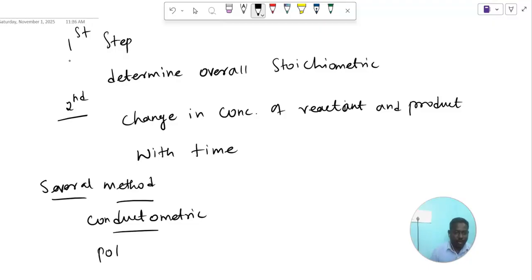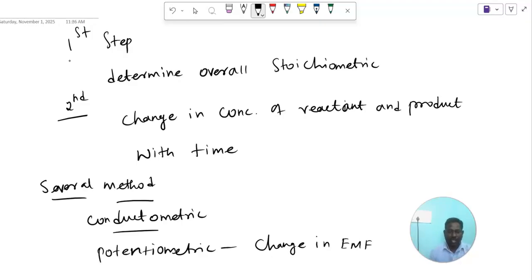And potentiometry is another method to study. Here what we will look into is nothing but the change in EMF. So with change in EMF, we are also able to study the kinetics.